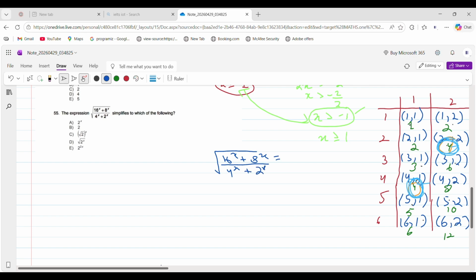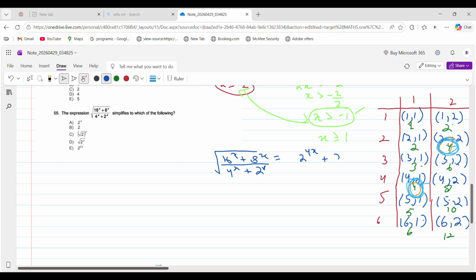For simplifying it, what I can do basically is, what power should I take on the 2 so that my answer comes out to be 16? It would basically be 4. 2 into 2 is 4, 4 into 2 is 8, 8 into 2 is 16, which means 2 power 4 is 16. And of course x along with it, because you already had x on the power of 16.